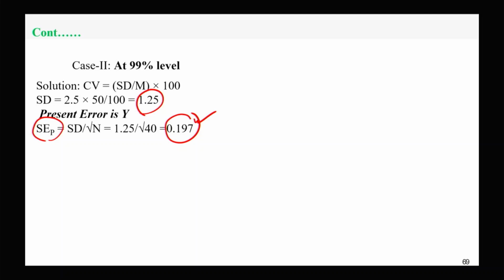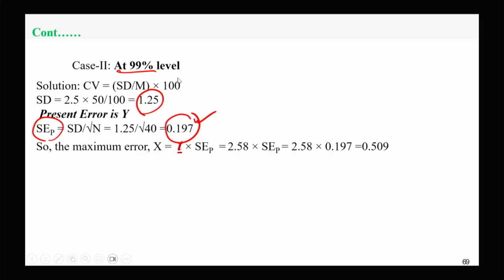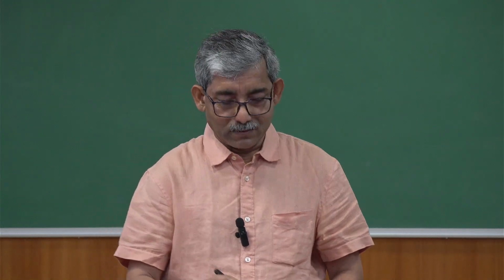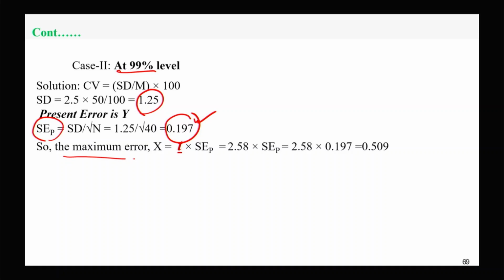The only difference is that when we go from 95 to 99, the level will be changed. So the same formula: maximum error at present will be T into standard error at present, and this T value at 99% level is 2.58. This we have got from the standard T table.